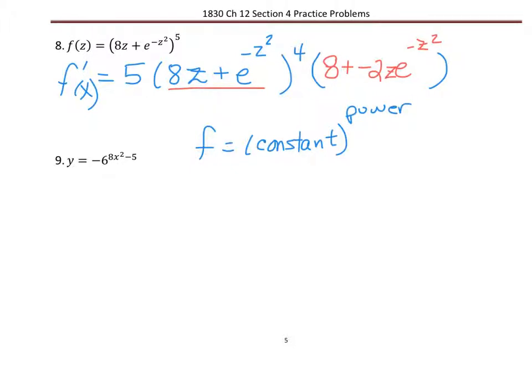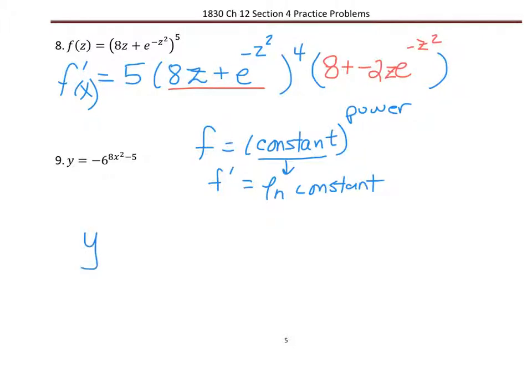And when you try to find f prime for that, you have to do your regular chain rule problem, but you have to include a factor of the natural logarithm of whatever that constant is. And so that's what we're going to do first here.